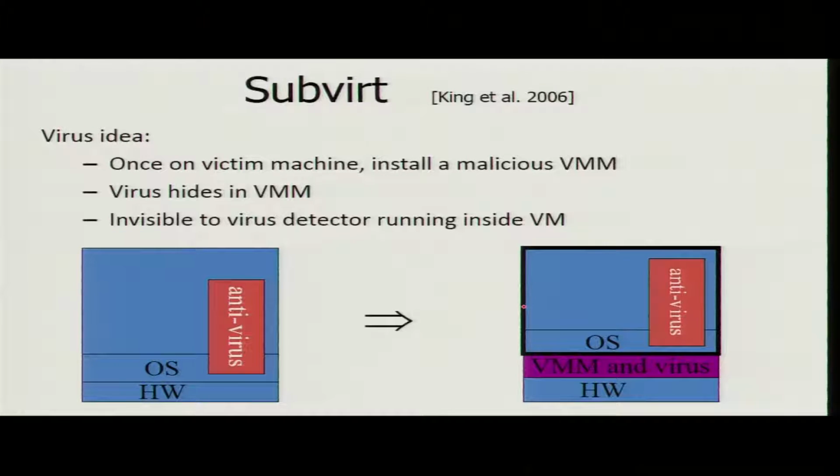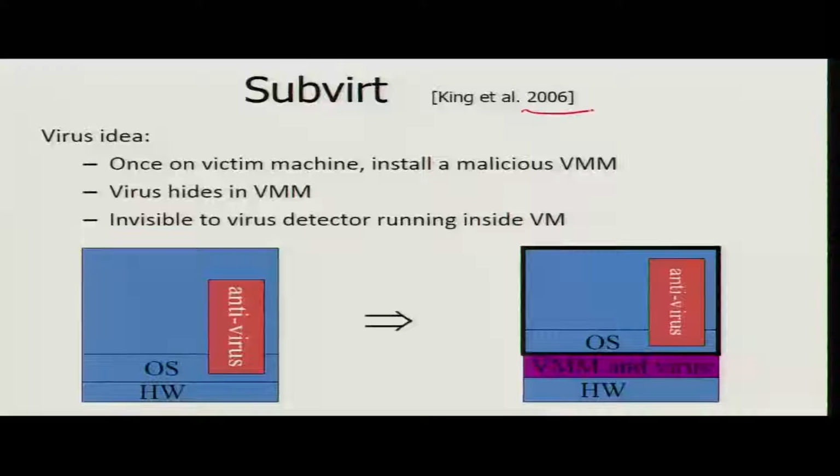So one idea is that suppose you are running an operating system without a virtual machine, and you are running an antivirus and so on. Now this paper of 2006 showed that one can actually insert a virtual machine with a virus that will clandestinely lift the running operating system on top of this virtual machine.